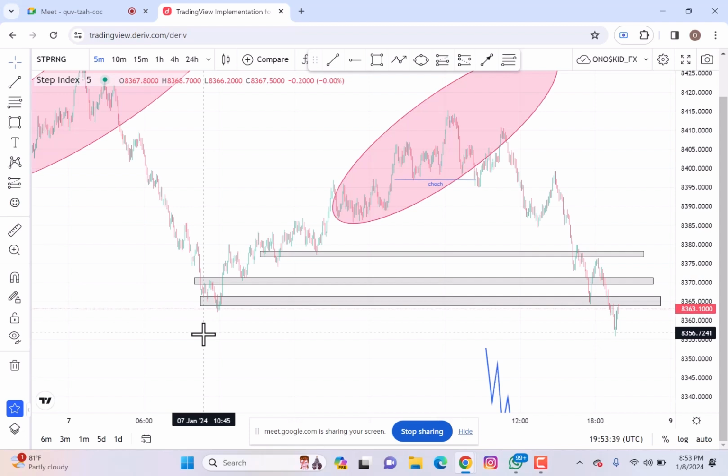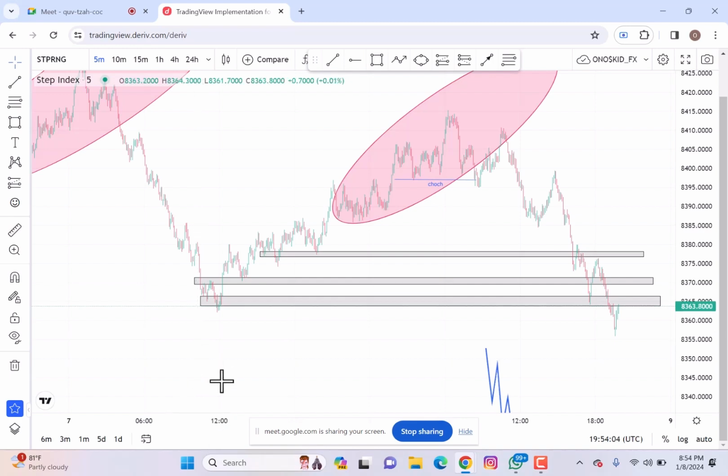Having said that, the next thing you want to do is mark out your POI, identify your range, identify your recent market range. Once you have been able to identify that, the next thing is to mark out your POI. Where do you think that if this market comes to this level, what do you think will happen? Will the market begin to sell from there or will the market begin to buy from there?